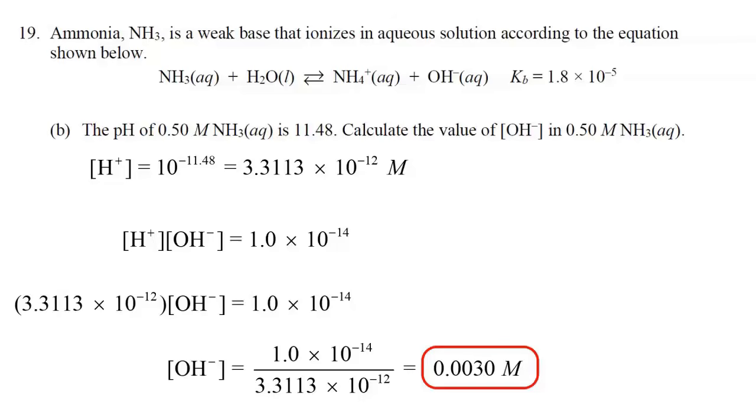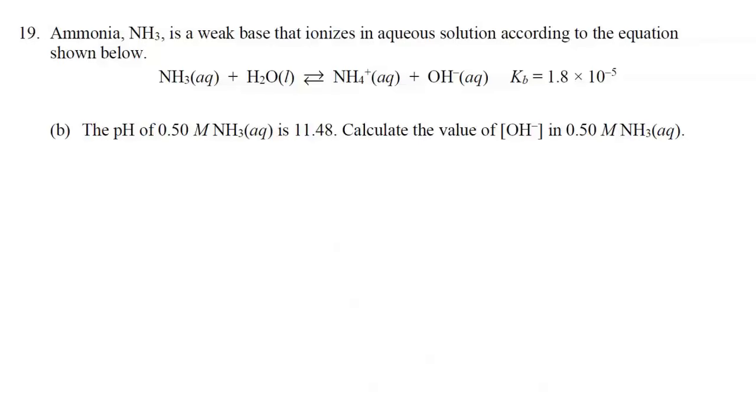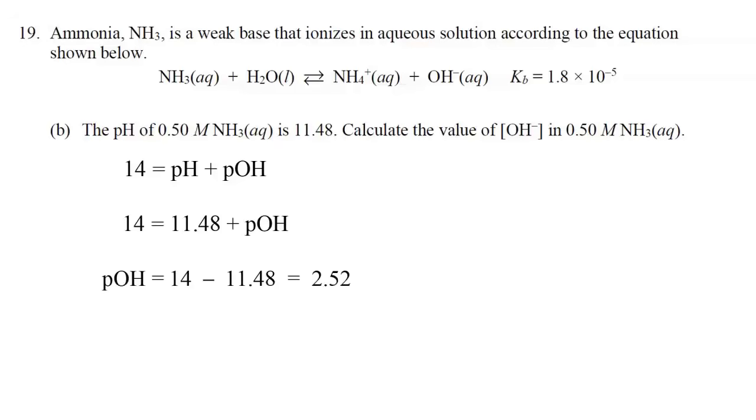Now, I will show you another way to get that same answer by doing a slightly different calculation. We know the pH of this solution is 11.48. There is a relationship between pH and pOH, which we looked at earlier in this video. 14 is the sum of pH plus pOH, and since the pH is 11.48, the pOH would be 14 minus 11.48, which is 2.52.